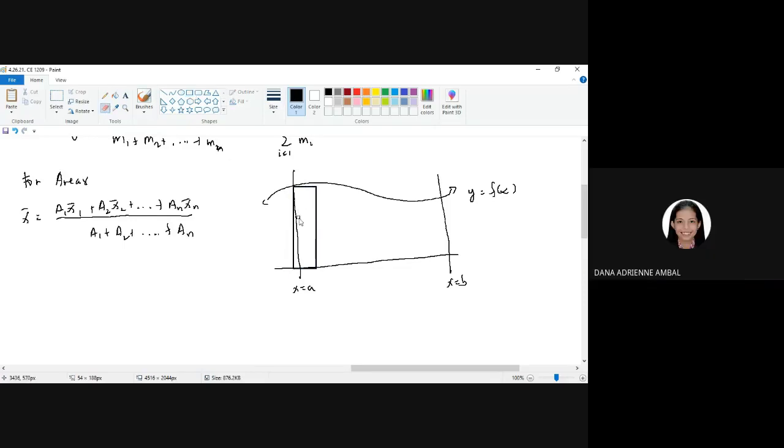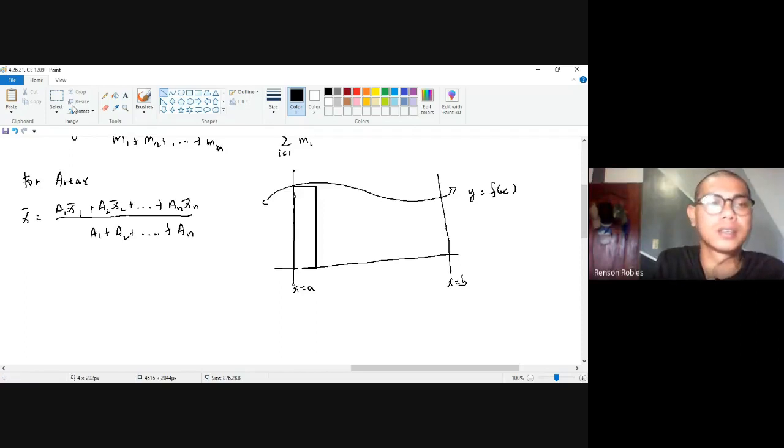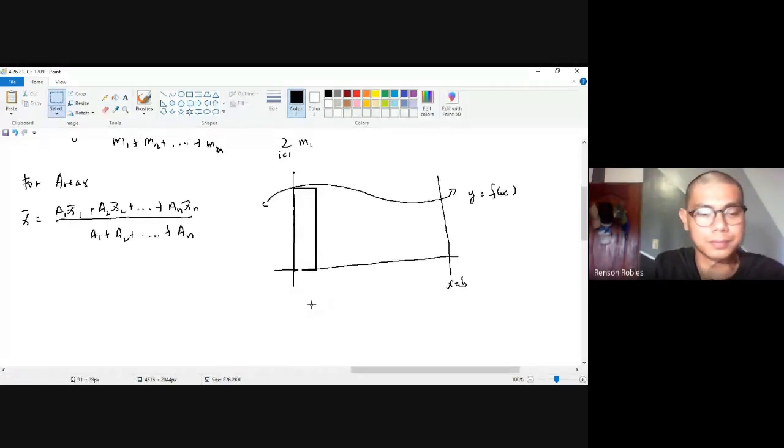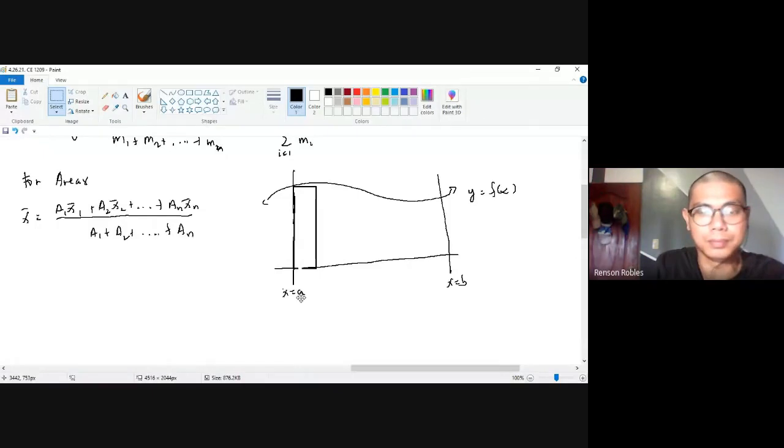Hello? Yes. Yes po, sir. Yes. Opo, sir. Let me just fix this. I will make it touch the line that I made. This is your x equals a. And then we draw another one. Another one. Then I will polish it later.